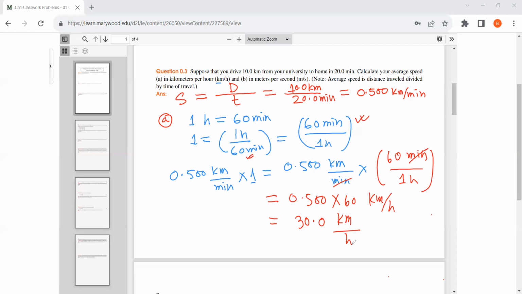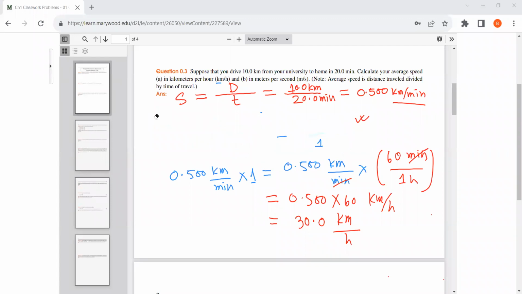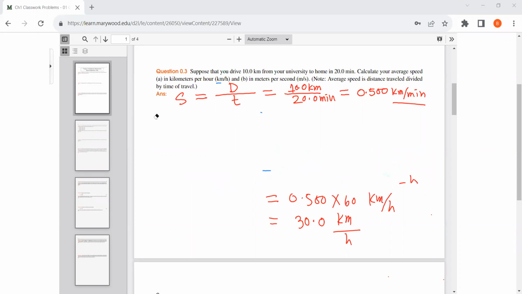All right, now the next one is to convert this into meter per second. Let me erase this. Now we are going to do part B. Here I'm going to convert this number in kilometer per minute to meter per second.